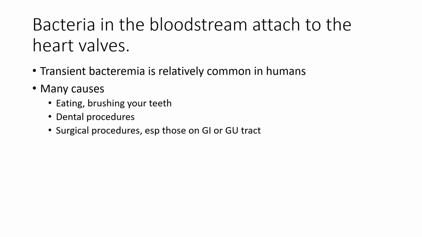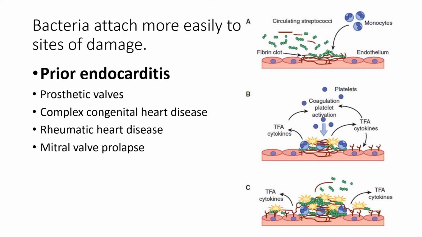In previous lectures, we talked about osteomyelitis and prosthetic joint infections. Those bacteria from the transient bacteremia might find their way to a joint or to some vertebrae, or they might attach themselves to the heart valve. Now, those bacteria attach far more easily to sites of prior damage. In animal models, it's pretty difficult to give an animal endocarditis unless you have previously damaged their heart valve.